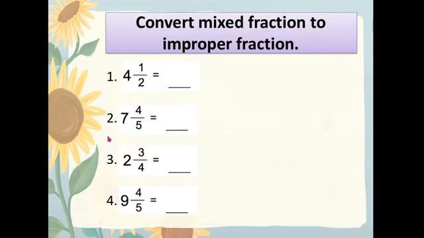Now, what is the improper fraction of 4 and 1 over 2? It is 9 over 2. 2 times 4 is 8, plus 1 is 9. And copy the denominator 2. That's why the denominator of the improper fraction is 2.